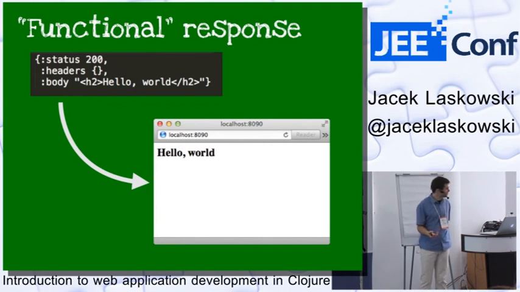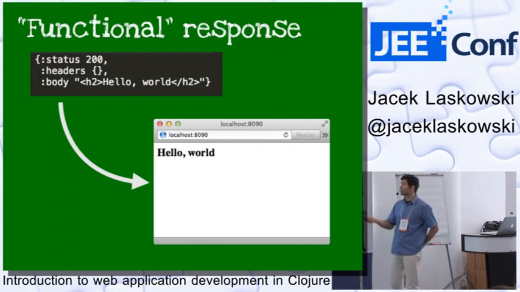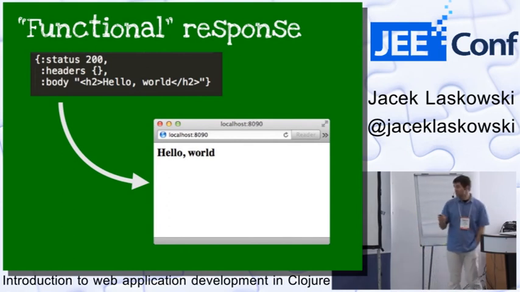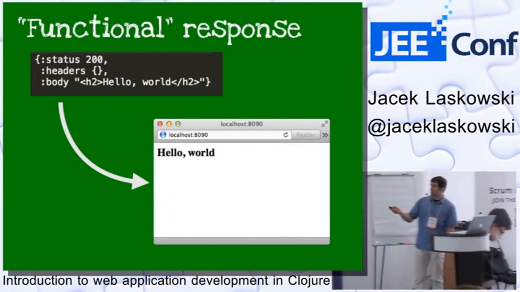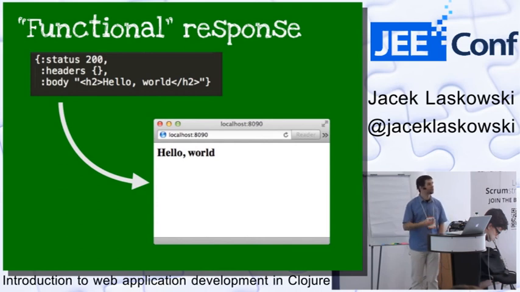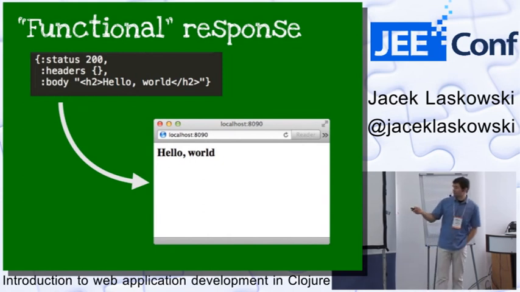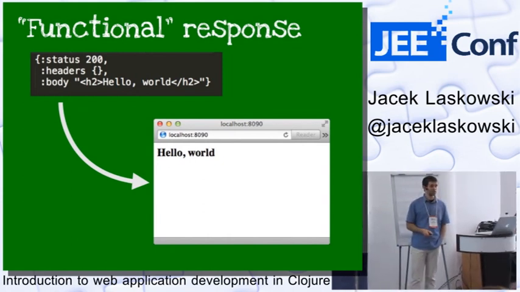Isn't it too simple? Yeah, that's what Clojure provides you as far as web application development goes. So it gives you map manipulation frameworks or libraries that end up generating such web pages. Questions?